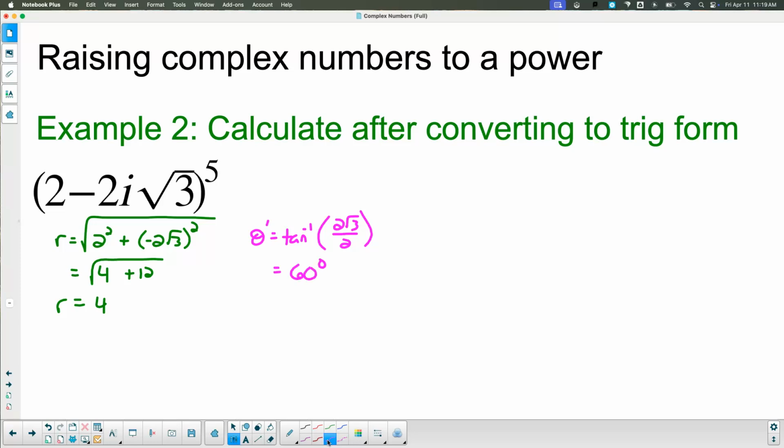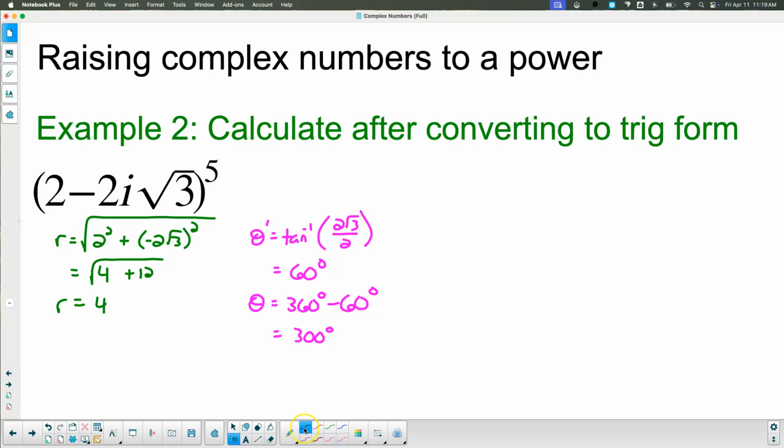Which quadrant is my original complex number in? 4th quadrant. So my actual theta here is going to be 300 degrees. Yes? Okay?